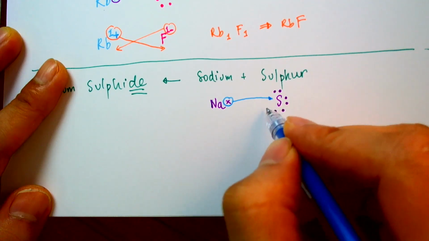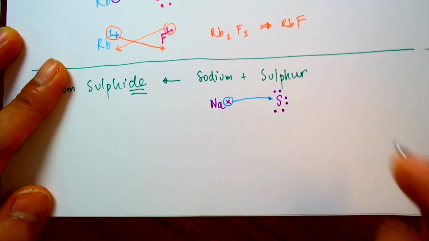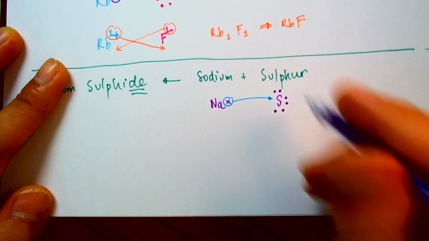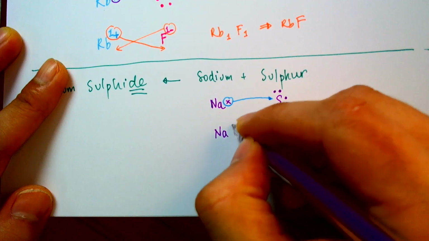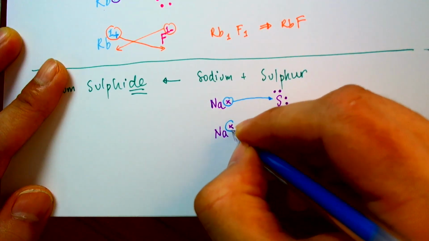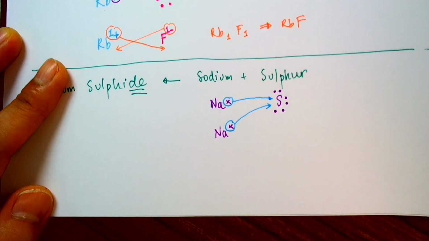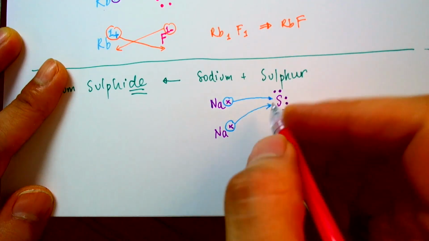So where is it going to get that electron from? Well, we need another sodium. So sodium's got to bring along its friend, another sodium, to give sulfur the electron. So in the process, sulfur has gained 2 electrons.